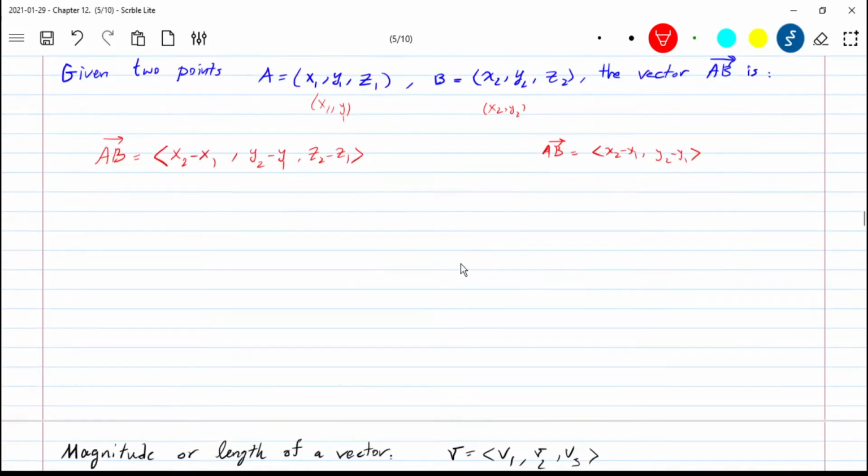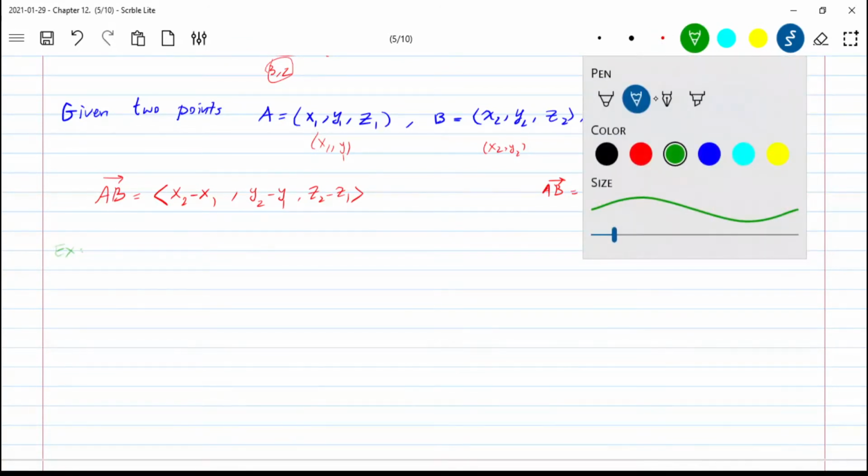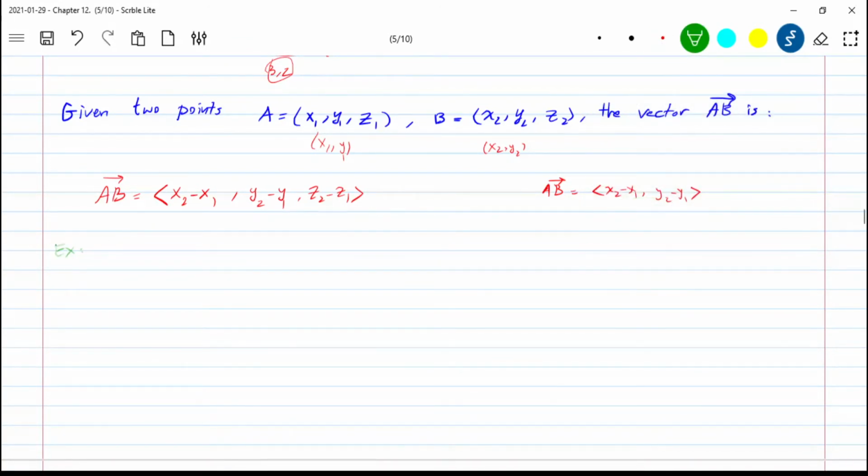Let's do maybe an example before we move on. Sorry about that. Let me pick a better example. Okay, so let's say graph 2 vectors, A equals 2, 1, 0, and B equals 0, 0, 1.